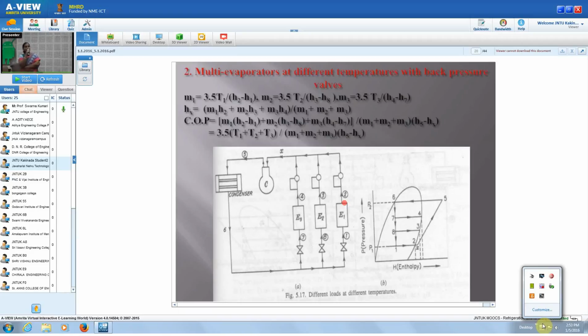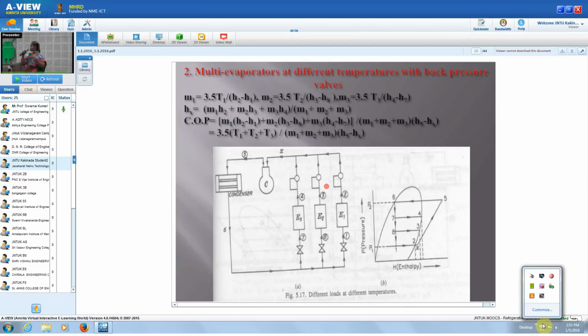So after getting the required refrigeration effect here, finally at 4 again the refrigerant goes into the pressure reducing valve, and again at 2 it goes into the pressure reducing valve, and again at 3 it is going into the pressure reducing valve.